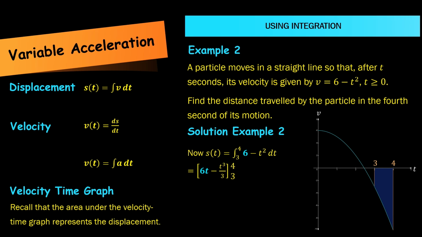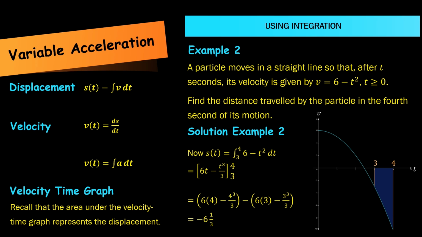So 6t minus t cubed over 3 between the limits 3 and 4. So plugging these values in, t equals 4 here, and t equals 3 here, we obtain minus 6 1/3.